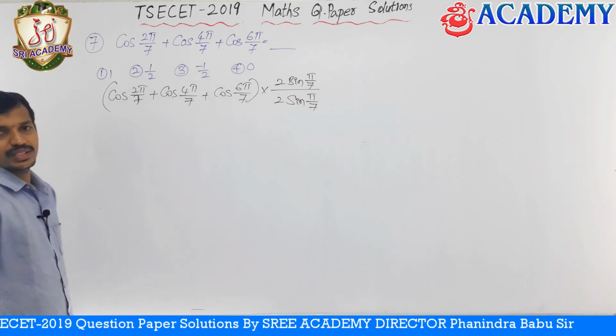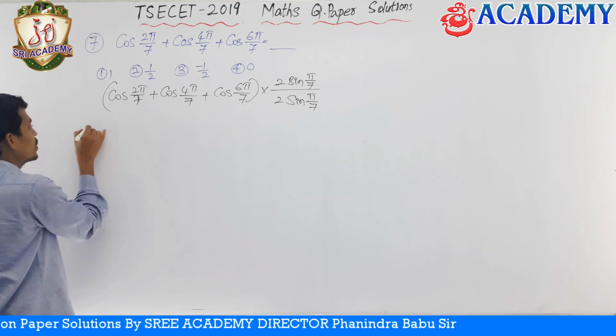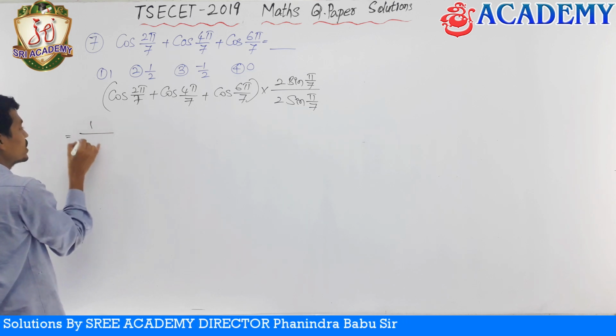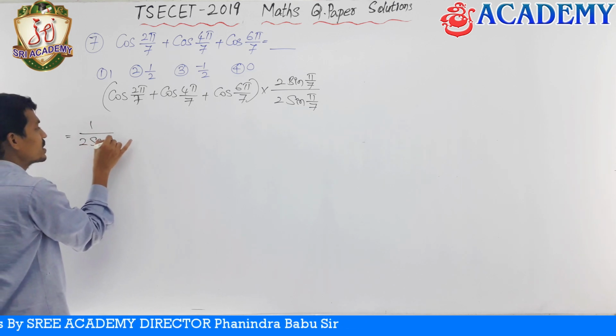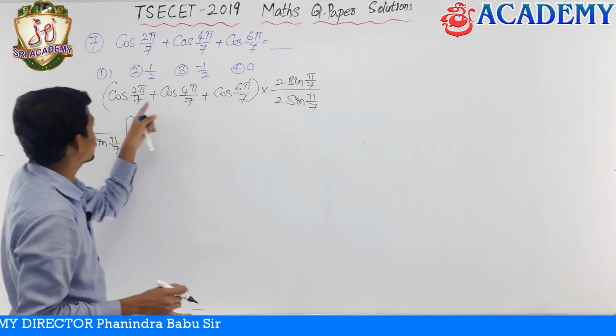If I multiply this inside, for the denominator it is only 1 divided by 2 sin pi by 7, and I'm multiplying 2 sin pi by 7 inside.